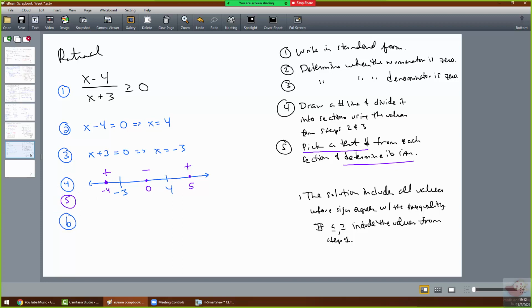Step 6 is the solution. We have a modification. The solution includes, this should really say sections, so I apologize, all sections whose sign agrees with the inequality. If it's non-strict, include only the values from step 2.